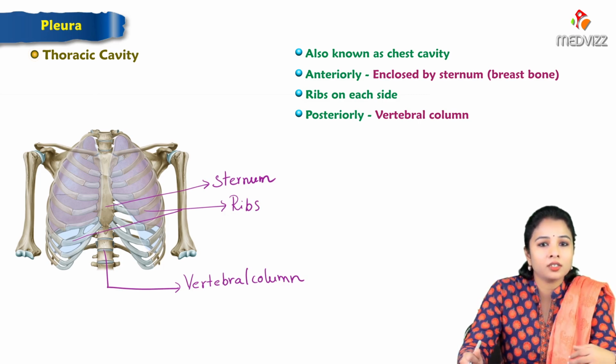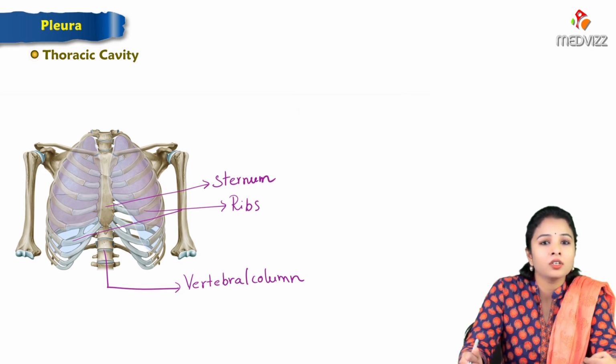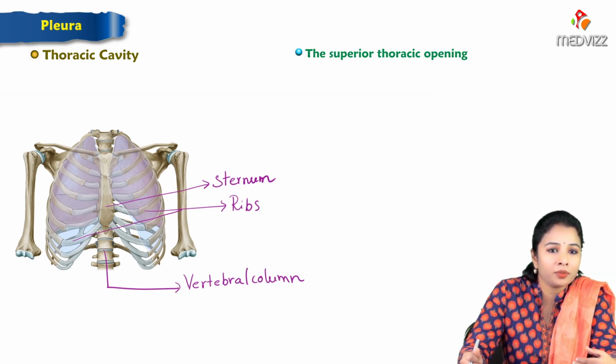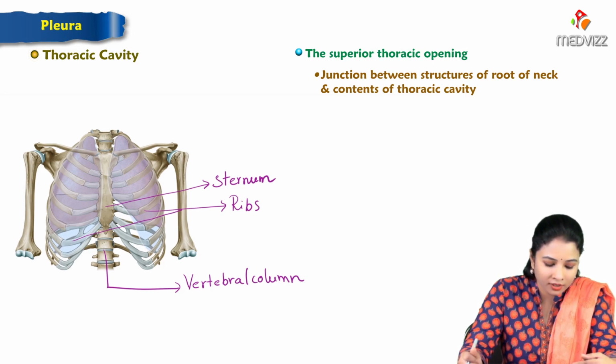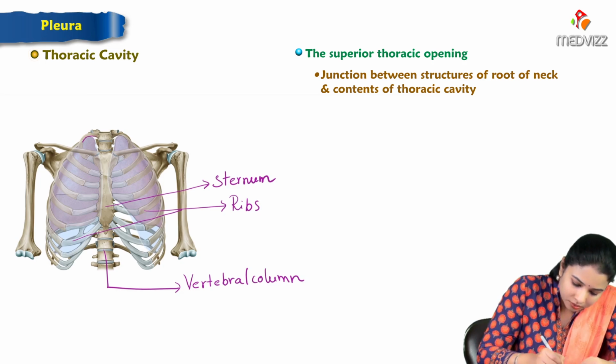Let's talk about the superior thoracic and inferior thoracic openings. The superior thoracic aperture is the junction between the structures of the root of the neck and the contents of the thoracic cavity. Here I am drawing the outline.